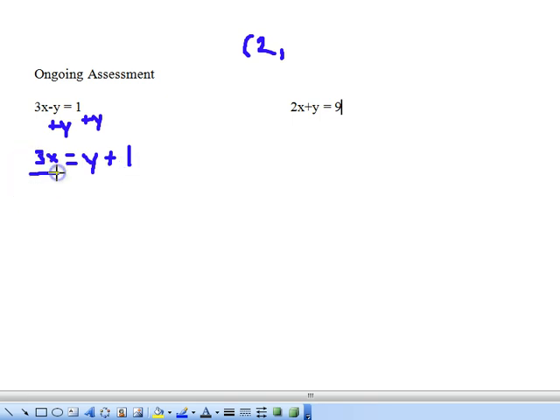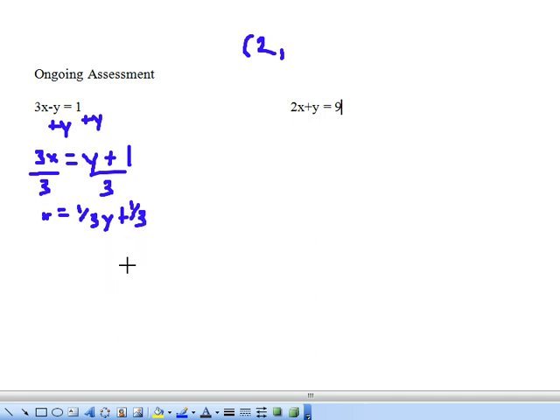And then we've got to divide by 3 on both sides. Okay. And we get that x is equal to 1/3 y plus 1/3.